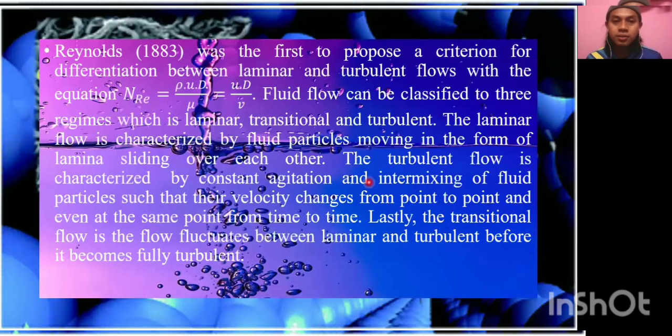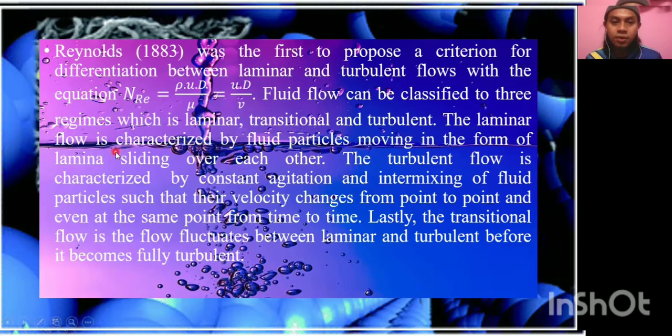So, Reynolds number. Reynolds in 1883 was the first to propose a criterion for differentiation between laminar and turbulent flows with the equation NRE equal to density times velocity times diameter over viscosity, or equal to velocity times diameter over kinematic viscosity. So, fluid flow can be classified into three regimes, which is laminar, transitional, and turbulent.